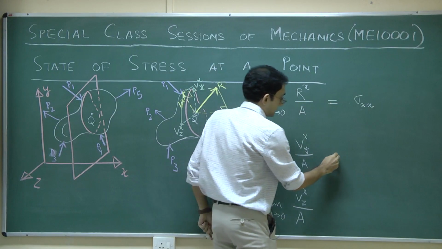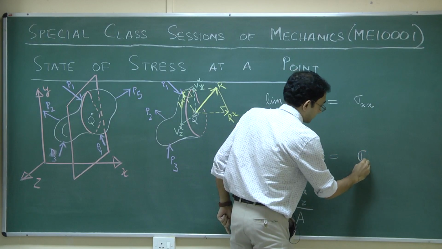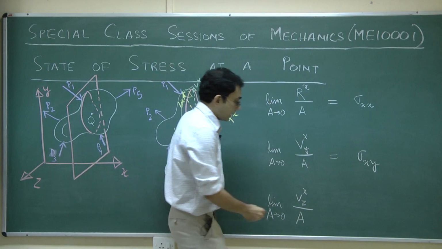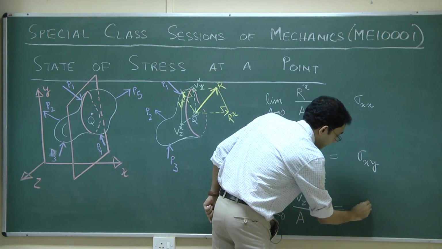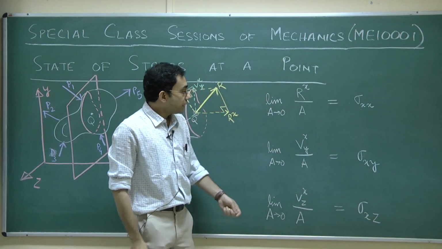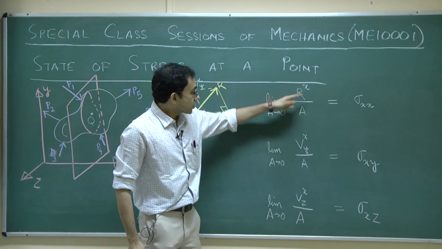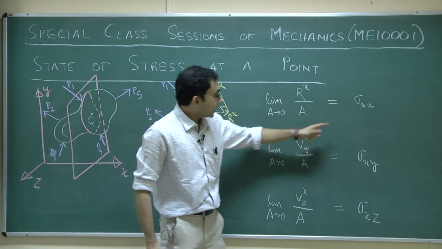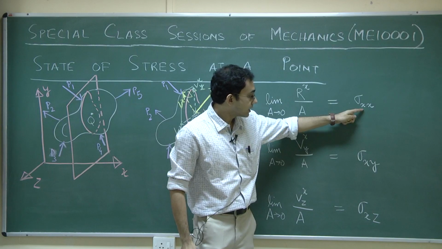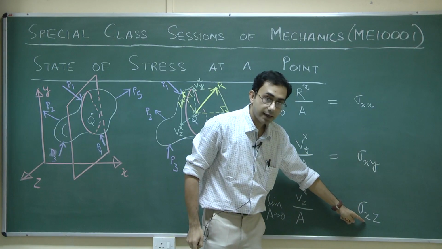This one will be represented by sigma xy, and this one will be represented by sigma xz. Please note that the x present in the superscript has gone to the first subscript index.